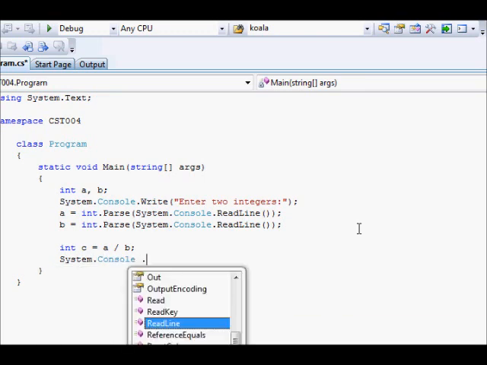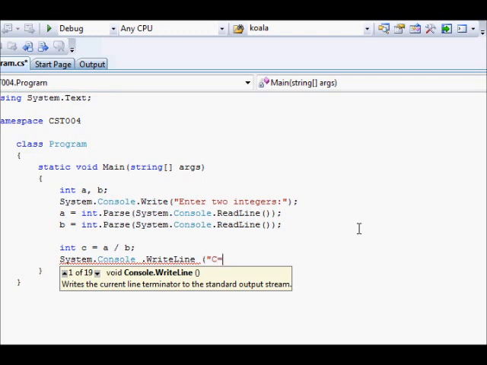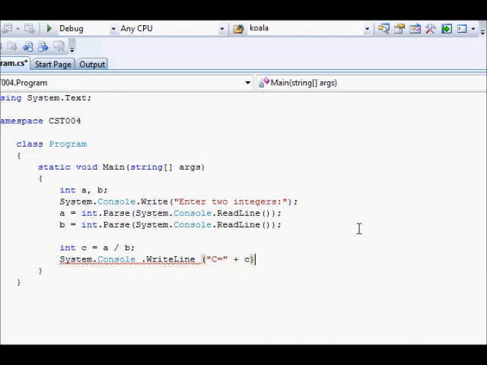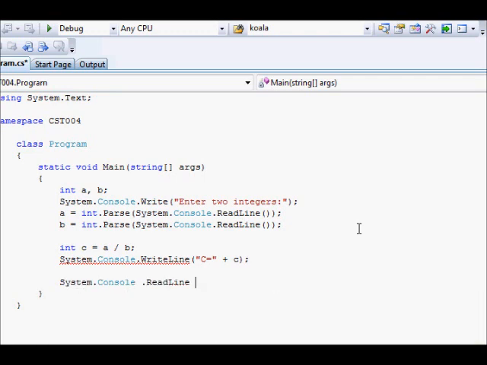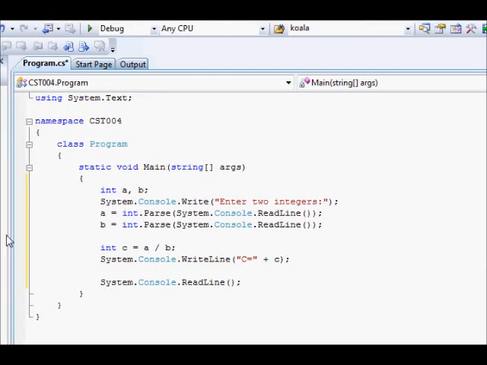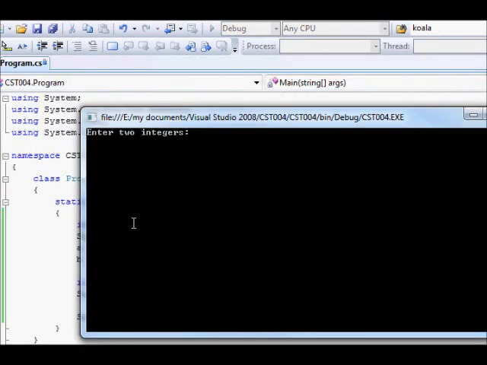And System.Console.WriteLine("c = " + c); System.Console.ReadLine(). Let us run this. 10 divided by 3, we get 3. Although this is not an accurate result, as we said in the previous tutorial, you are getting the integer part of the division.